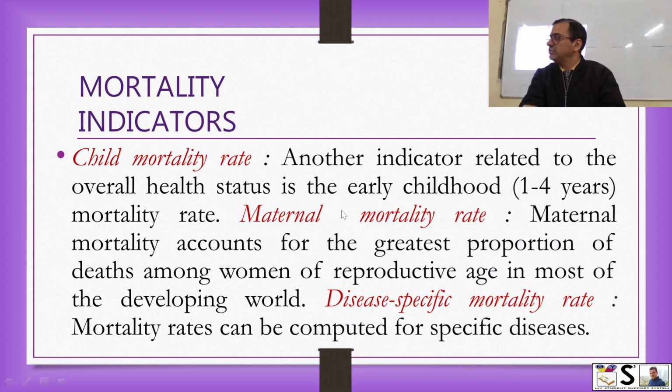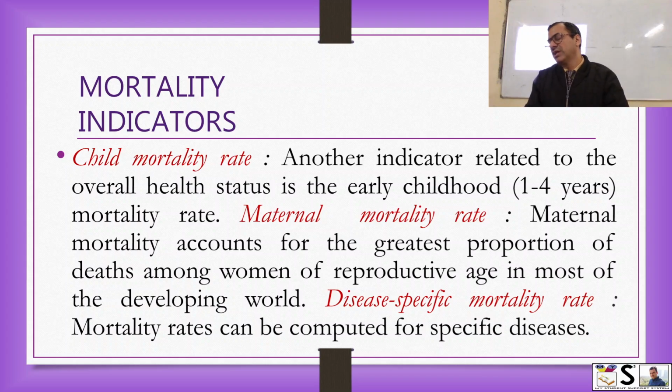So what is maternal mortality rate? It means when we calculate the death of pregnant women, or the death related to pregnancy even after delivery, if it is due to complications related to pregnancy, then it is known as maternal mortality. Maternal mortality accounts for the greatest proportion of deaths among women of reproductive age in most of the developing world.